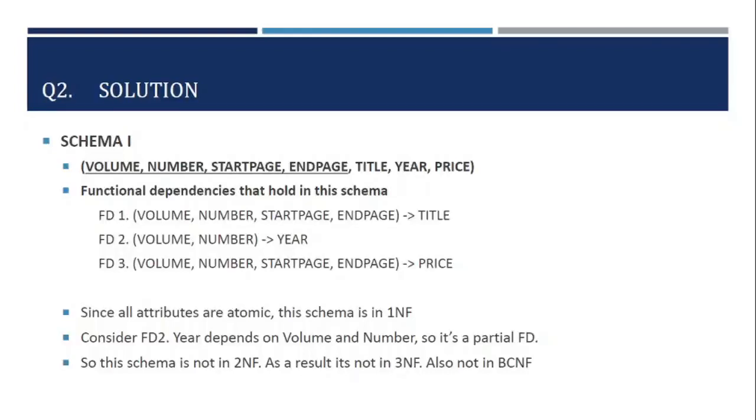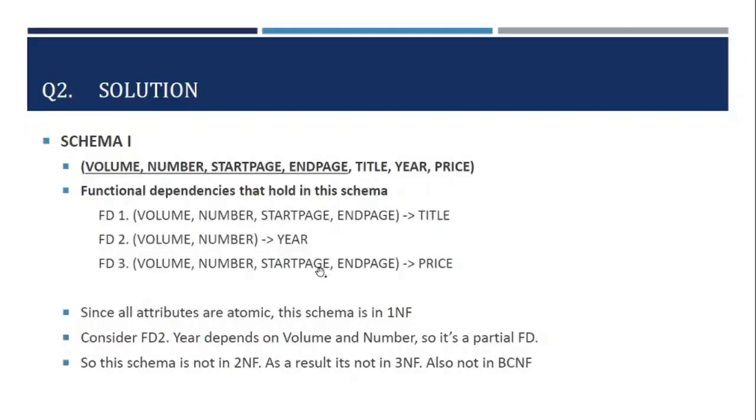If a relation is in, say, BCNF, it satisfies first normal form, it also satisfies second normal form, it also satisfies third normal form, it also satisfies BCNF. And BCNF is the strongest normal form it satisfies, and first normal form is the weakest normal form it satisfies.